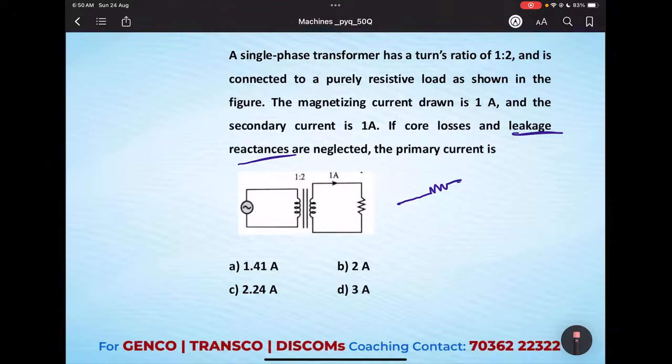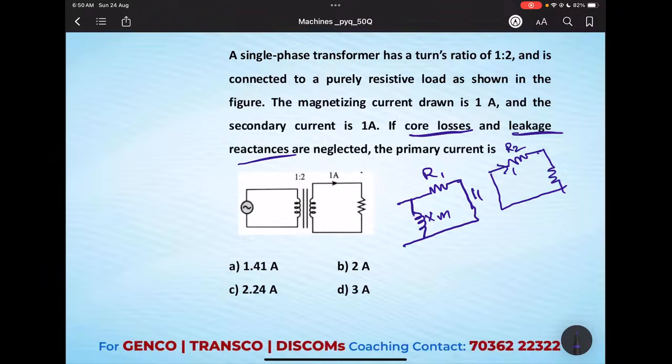They told about the core loss only, but the magnetizing component will be there in the primary circuit. This will be R1, this will be XM. In the secondary side R2 will be there and it is connected to a resistive load.